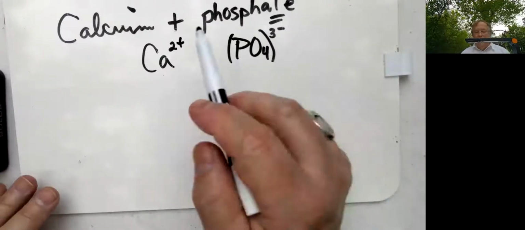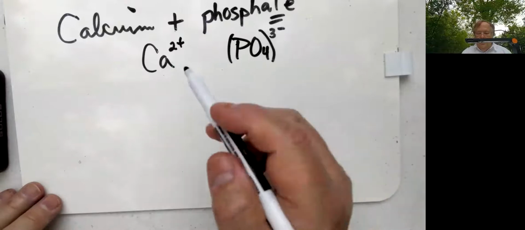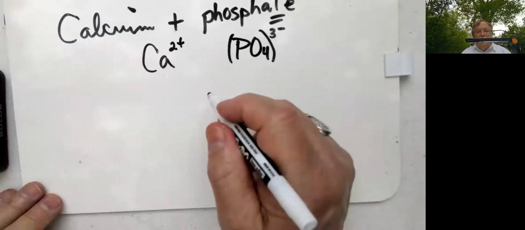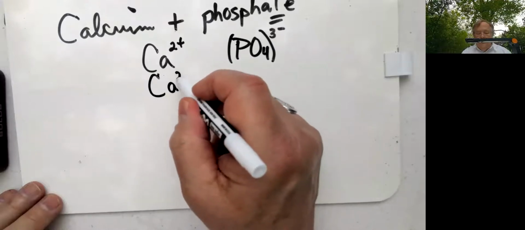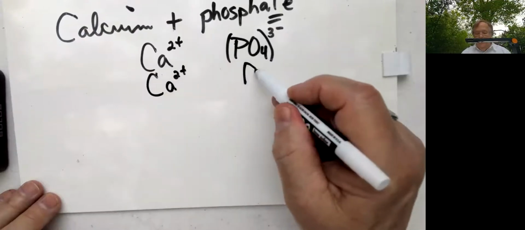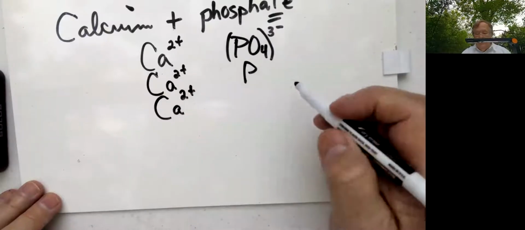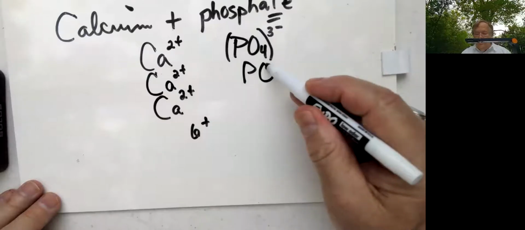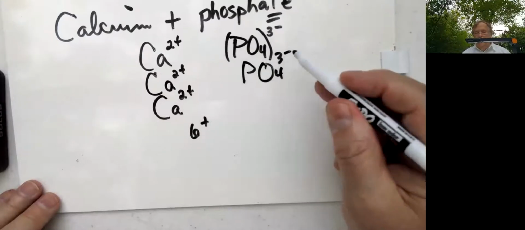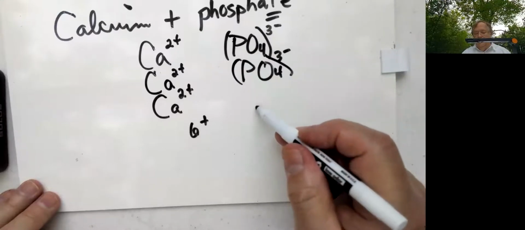So this is my least common multiple thing, or the crisscross method. I need to get them both equal to 6. So I'm going to need 3 of these to get up to +6, and then 2 of these to get up to 6.